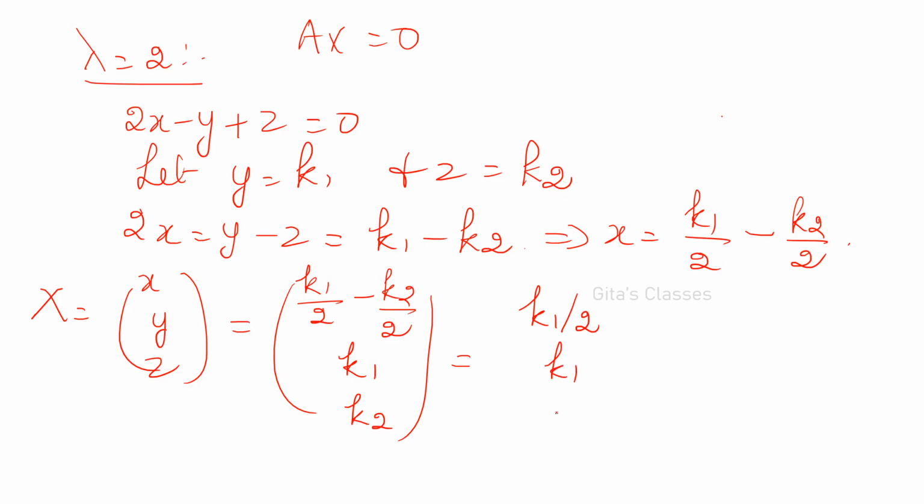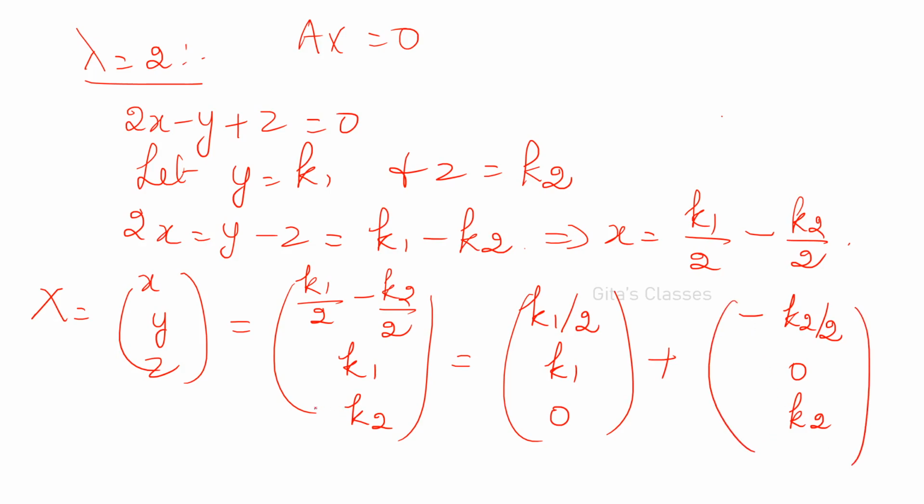So K1 by 2, K1, here no K1, so 0, plus minus K2 by 2, 0, K2. Now you take K1 outside from this: 1 by 2, 1, 0. Plus K2, you take it outside: minus 1 by 2, 0, 1.